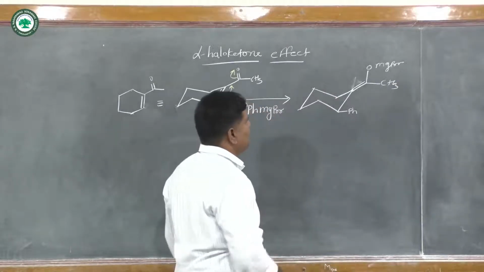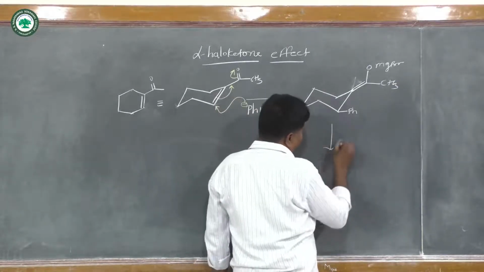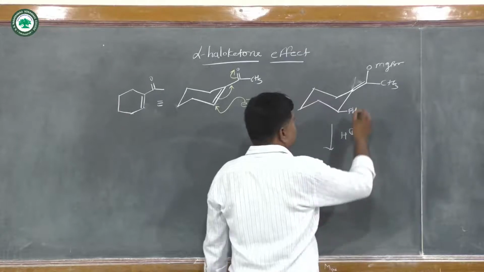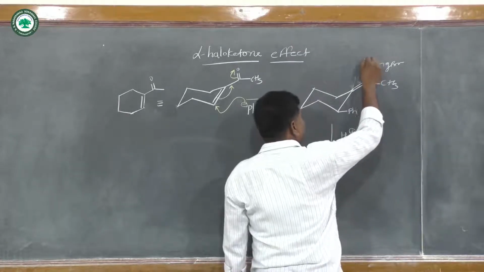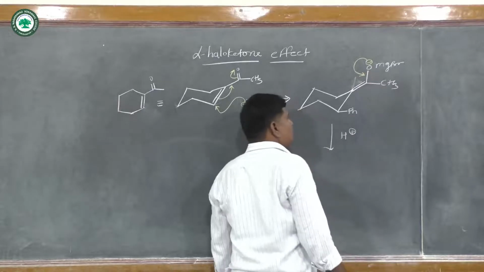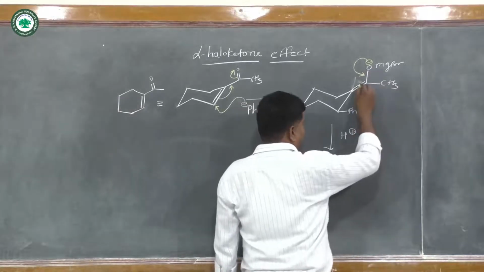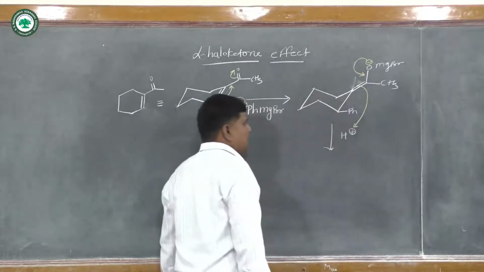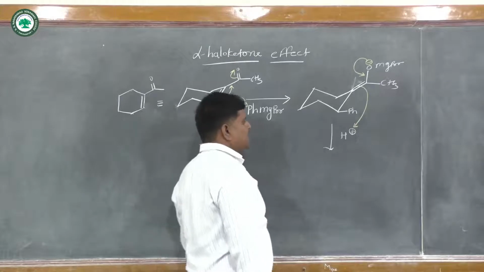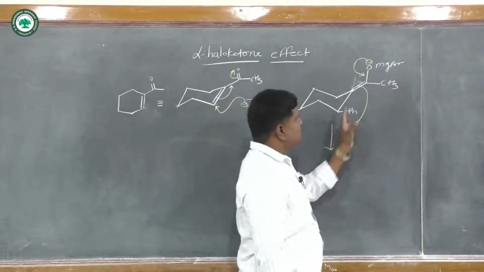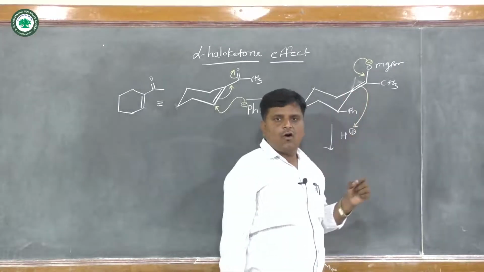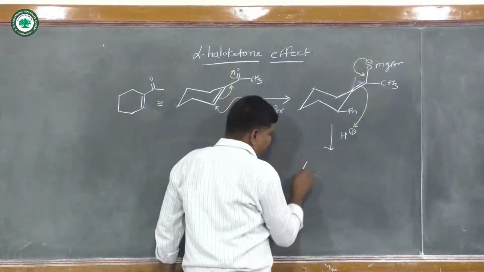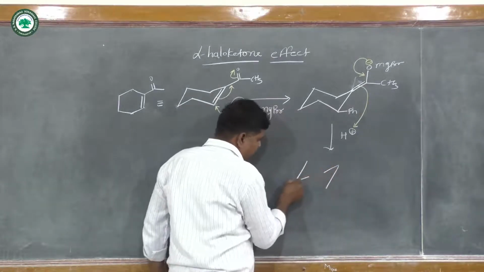Okay, now acidification is carried out with H plus, and when this O minus converts into the carbonyl group, the double bond electrons are given to the H plus ion. At that time this H plus ion approaches this carbon atom from the equatorial side.